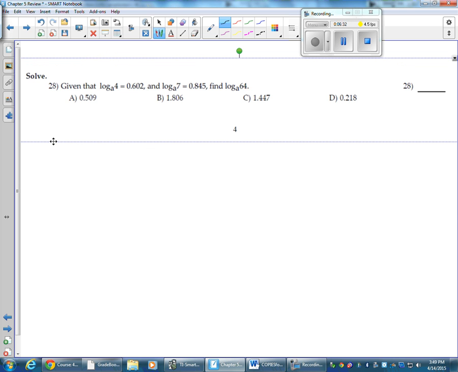All right, number 28. They give us these approximations of some common logs and want us to find the log base a of 64. So what I need to do is rewrite 64 using either 4 or 7 or a combination of the two. Well, 64 is 6 times 8, 3 times 2, 4 times 2.